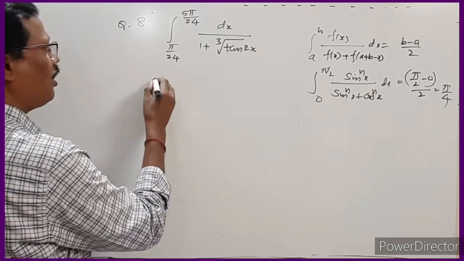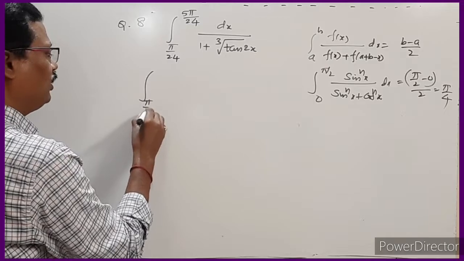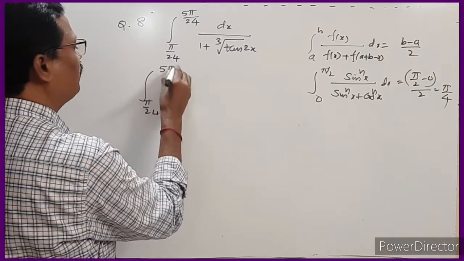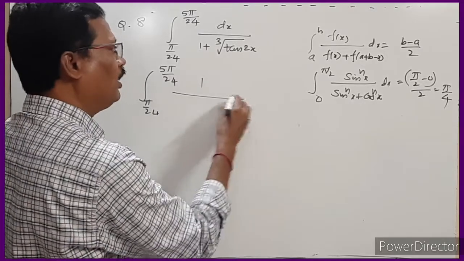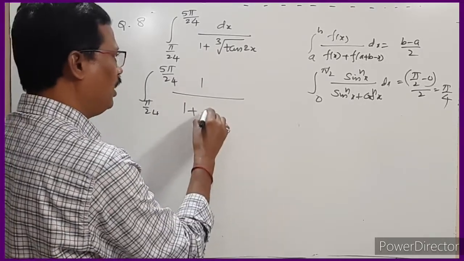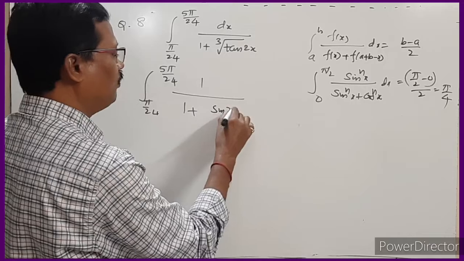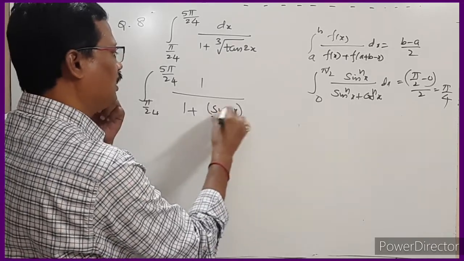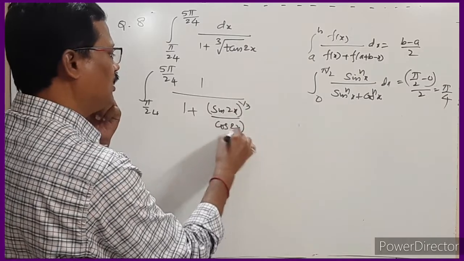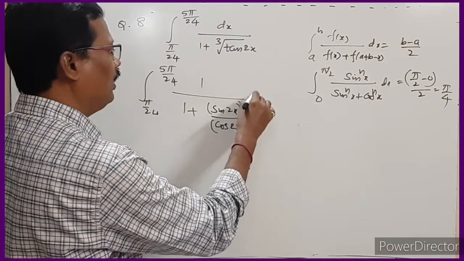Now here pi by 24 to 5 pi by 24. This is the given problem. Tan I am writing, this is tan, sin 2x upon cos 2x, cube root is there, this is a cube root, this is also cube root, dx.